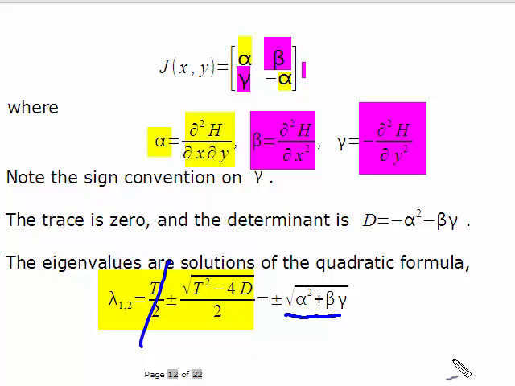So this gives us a nice form. If you wondered where that 2 went, let's put that through. The trace is 0, and this determinant is multiplied by 4. The negative sign gets rid of these negative signs. The 4 comes out and gets canceled, and that's why there is no 2. So the eigenvalues are plus or minus the square root of alpha squared minus beta gamma, remembering, of course, what alpha, beta, and gamma are. These are various partials of the Hamiltonian with a negative sign here.